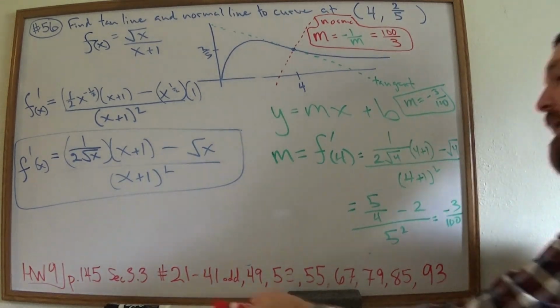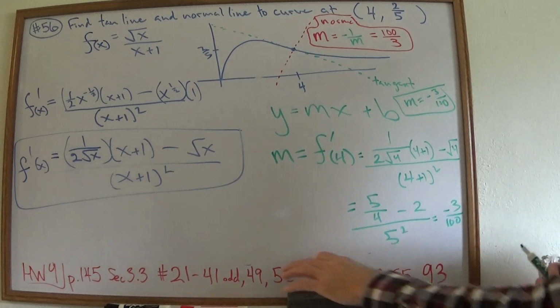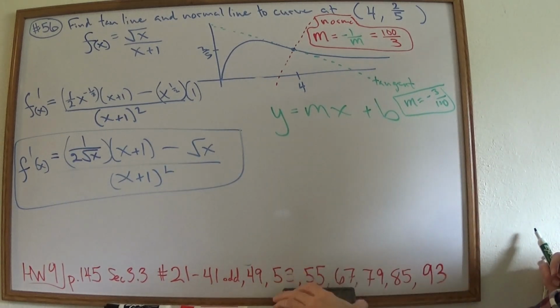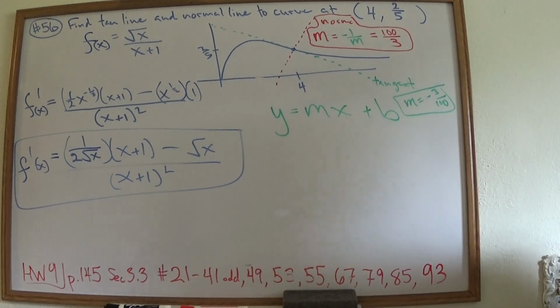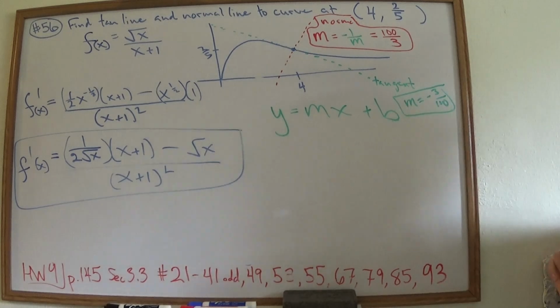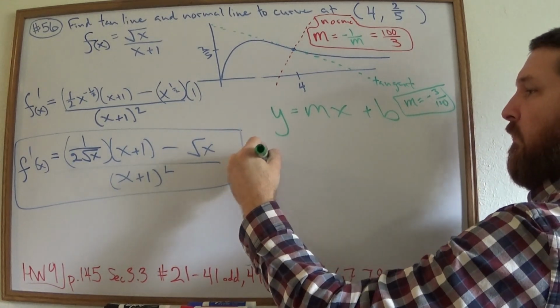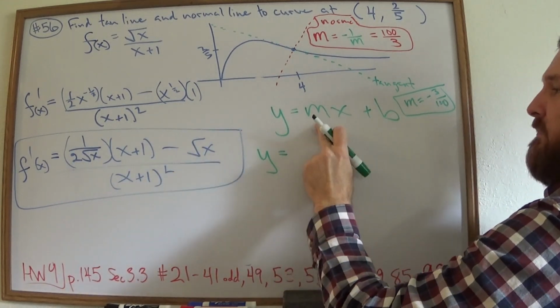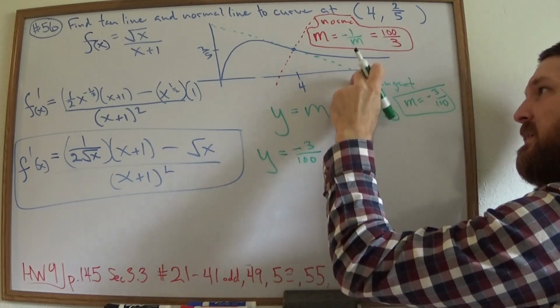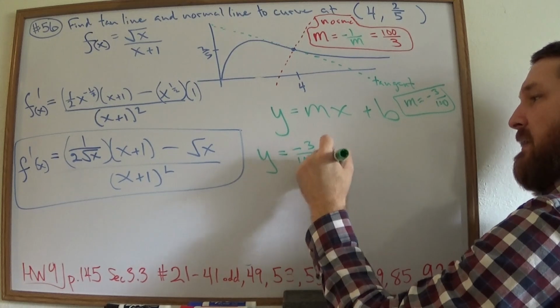So now, we got all that. Do I have everything I need? I have my m. How do I get my b? We're going to need to plug in 4 and 2/5. Okay, so first off, let's plug that in. We know that the slope of this green line right here has to be that.